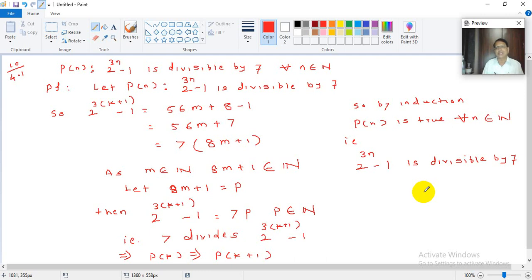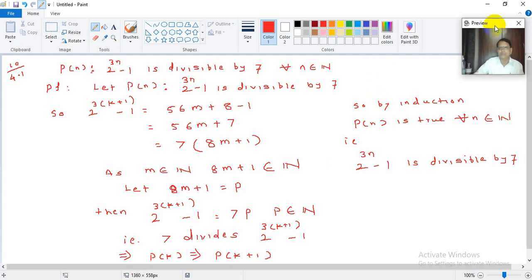Because 56 I can write as 4 into 14 like that. म्हणून आपण ते लिहिलं. काय लिहिलं की 2 raised to 3n minus 1 is equal to 7 into m. का लिहिलं? ती जी स्टेप आहे ती बघा. Why we wrote it 7 into m? Because 7 divides 2 raised to 3k minus 1. आणि मग त्याच्यावरून आपण ती कन्क्लुजन्स काढली. But main theme is the divisibility. How it is used, that you must understand. Okay, so this is about this problem.